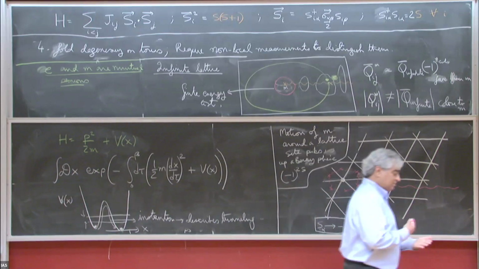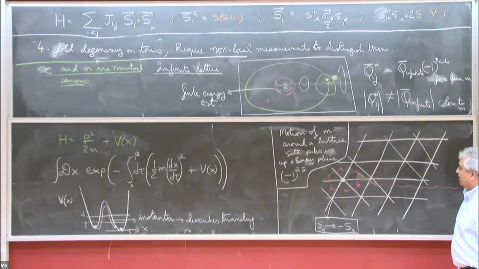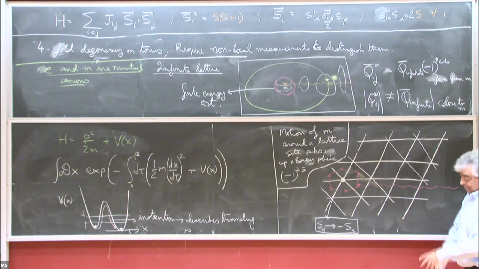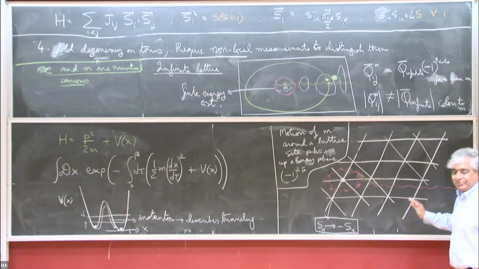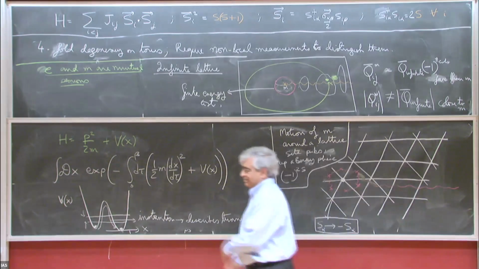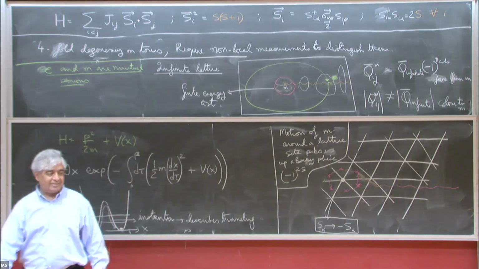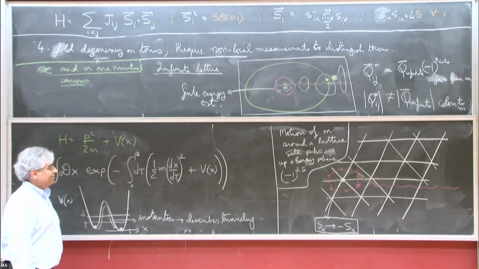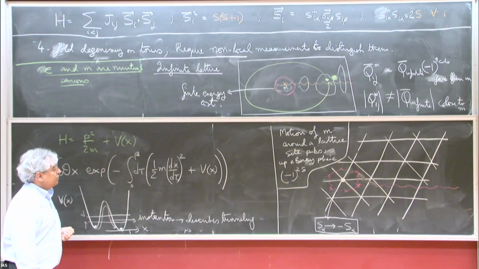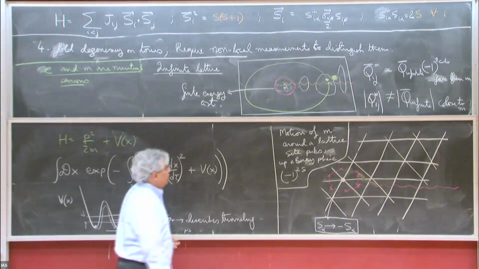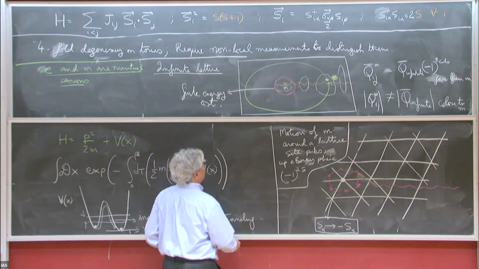So there's a background density that we have to worry about, and that gives you this extra phase factor. And in the condensed matter application, this is absolutely crucial. Without this, you would just get the wrong type of spin liquid.